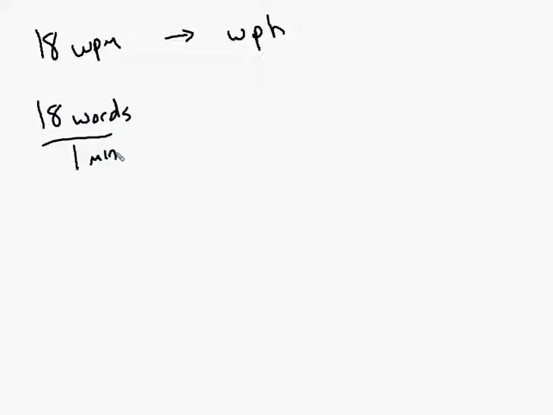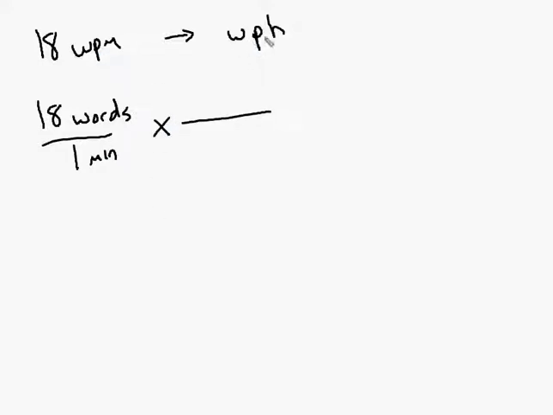Let's do one more example problem. Let's say you have 18 words per minute, and I want to know how many words per hour that is. So I do 18 words over 1 minute times.